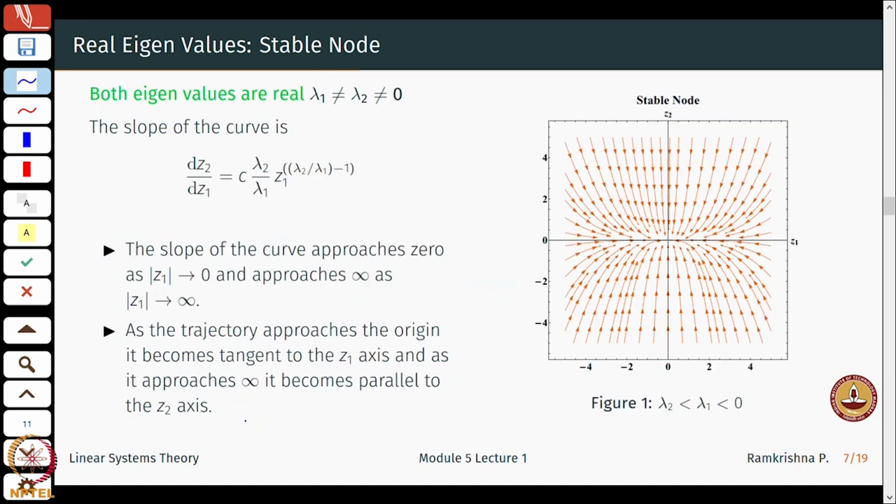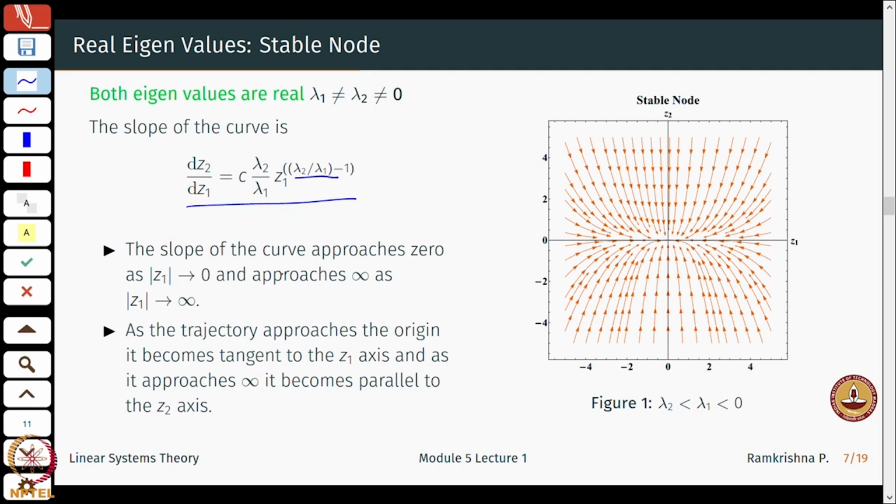So, how do they actually do that? From my equation relating Z1 and Z2, I can compute the slope of this line, right. How does Z2 change with respect to Z1? The derivative is essentially the slope of it. So, this is a positive number, the slope of the curve.